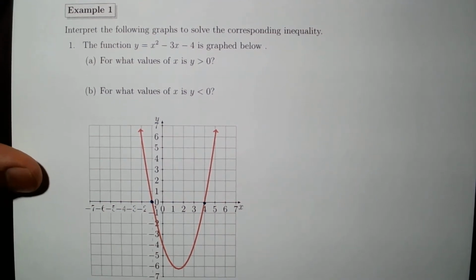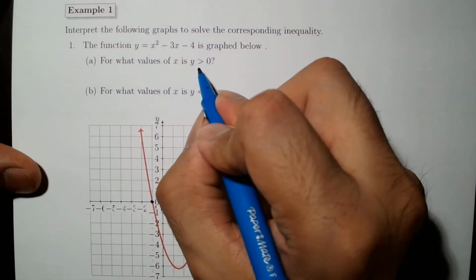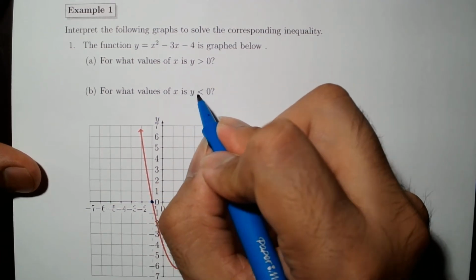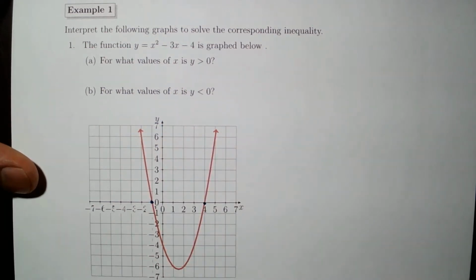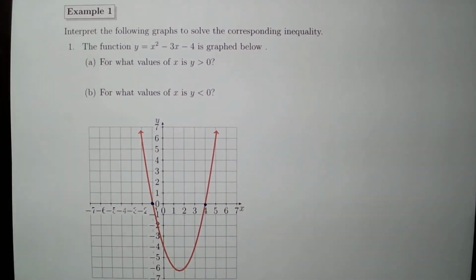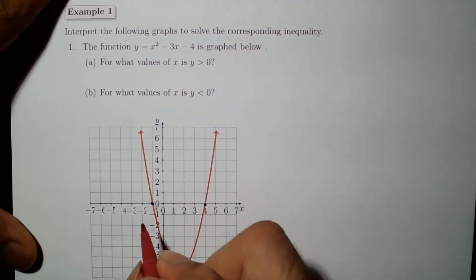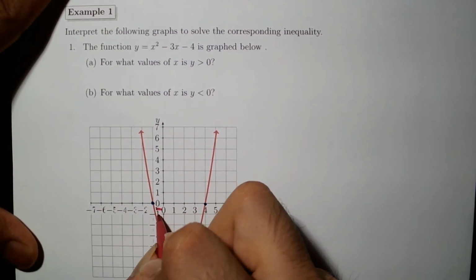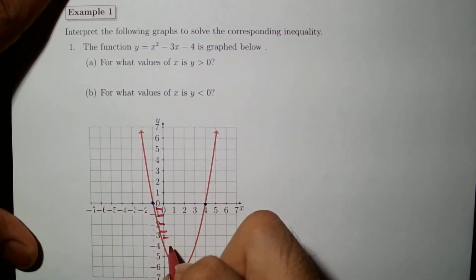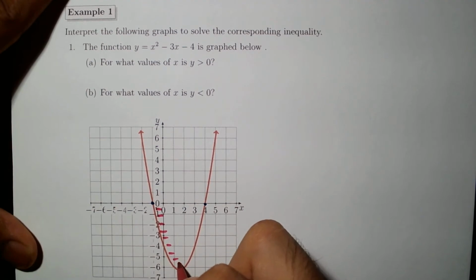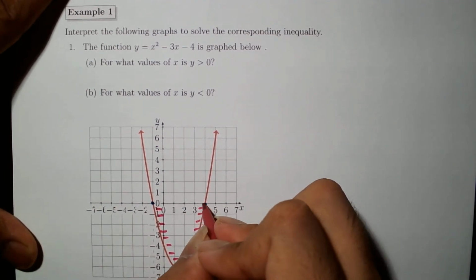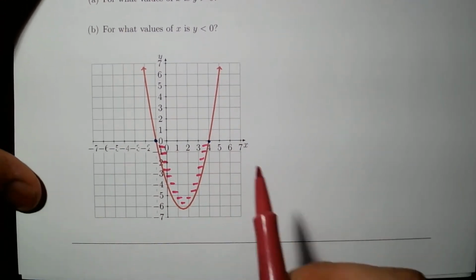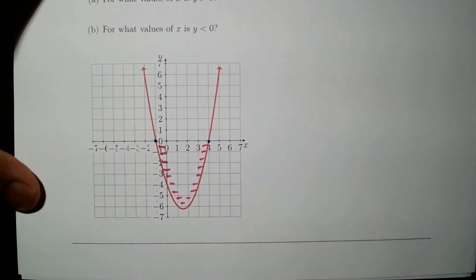All right, so for which values of x is y greater than 0, and for which values of x is y less than 0? When we solve a quadratic inequality, we are looking for the interval in which the parabola is negative, that is, the y values are below the x-axis.